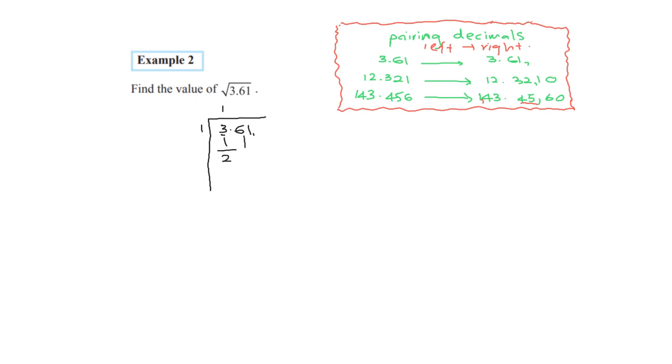Then you take next pair down, you have 261. Then next, what you have to do, you have to multiply this 1 by 2. Then you have 2. What you put here, you have to put right to 1.